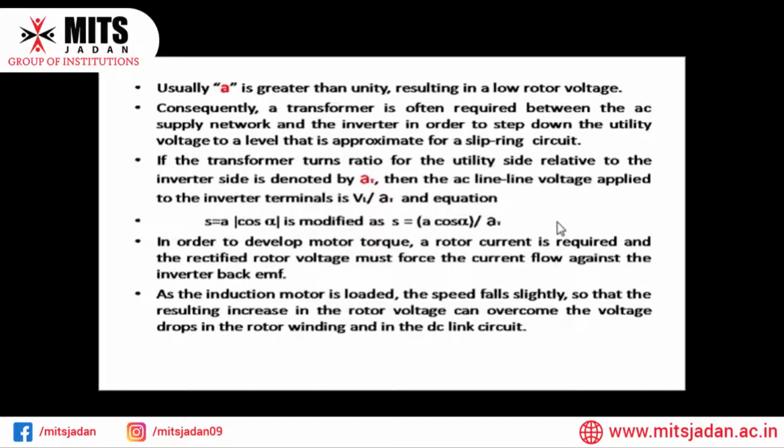If the transformer turn ratio for the utility side relative to the inverter side is denoted by small aT, then the AC line voltage applied to the inverter terminals now becomes VL upon aT, and the equation which was previously S equal to A modulus cos alpha can be modified as S equal to A cos alpha upon aT.